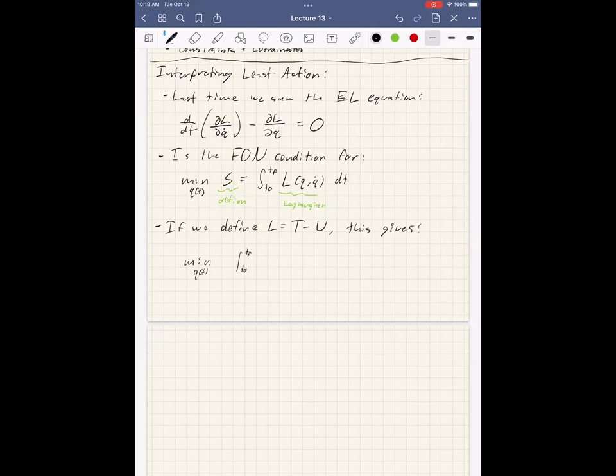So we can break this up into two pieces. We've got T(q, q dot), the kinetic energy term, minus, we can actually break the integral into two pieces, right? So we've got t naught to t final, now U(q) dt.